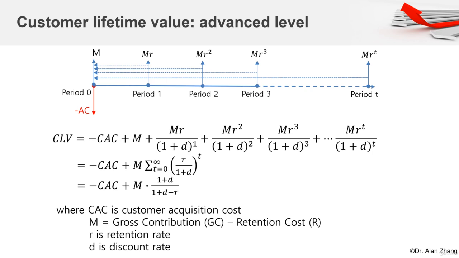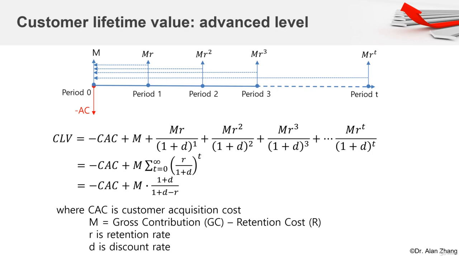Now let's step back and take a closer look at the last formula. It has 4 components: customer acquisition cost, CAC, contribution margin, capital M, retention rate, letter R, and discount rate, letter D. So if the business wants to increase customer lifetime value, there are a couple of ways to do that.